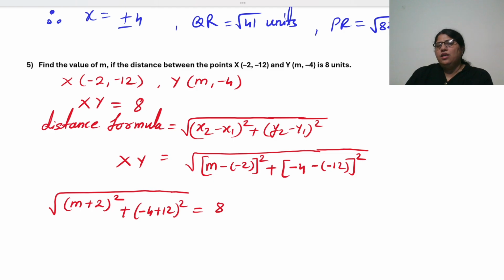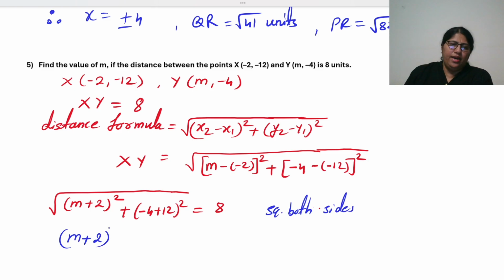Now the first thing you will do is square both sides. Why do we square both sides? So that we do not have any square root here. If I square both sides, the square root will be gone and it can be written as m plus 2 whole square plus minus 4 plus 12 whole square equals 8 square.